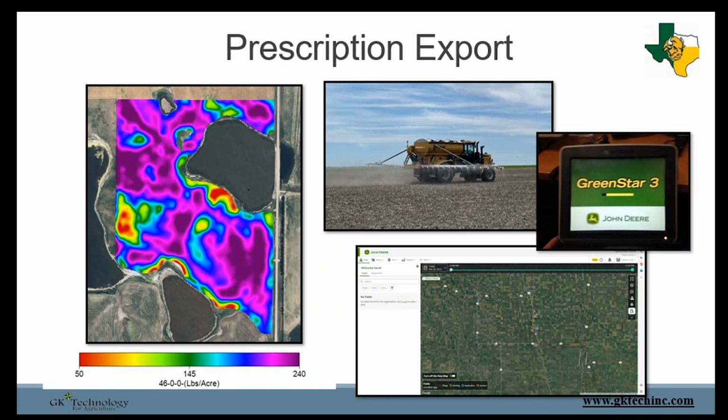We are now sending prescriptions through platforms like John Deere Operations Center and through Raven's Slingshot, which has actually been really exciting and has worked quite well. But if you're writing a prescription, you just have to know how not only it works at the computer in the actual tractor cab, but how it needs to go through that cloud platform.